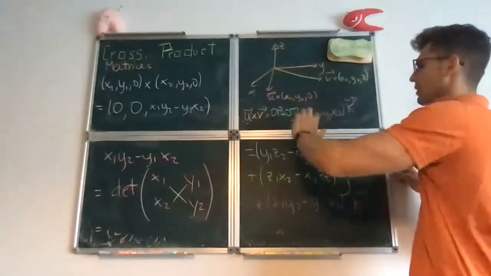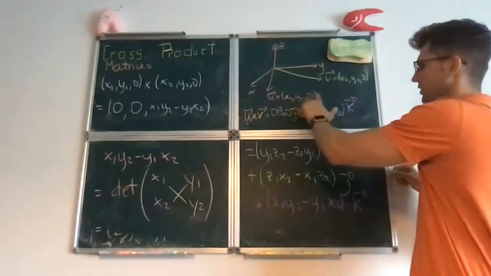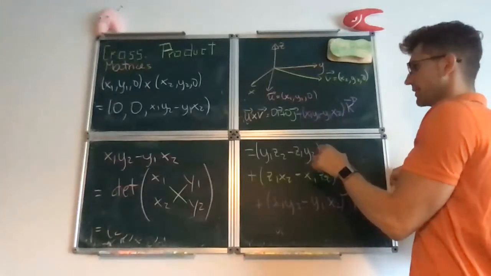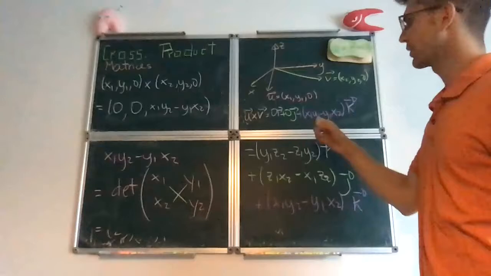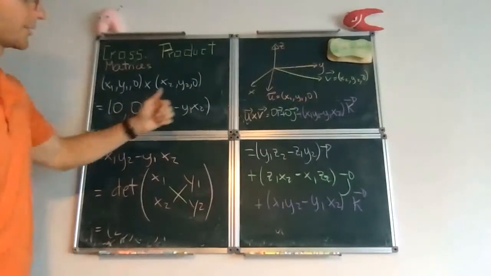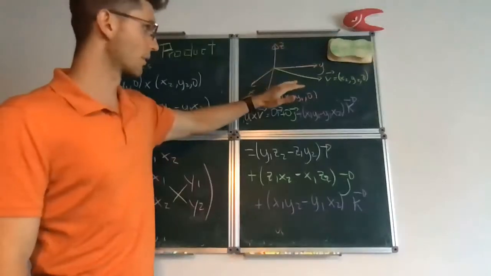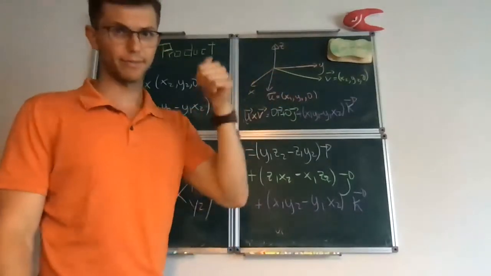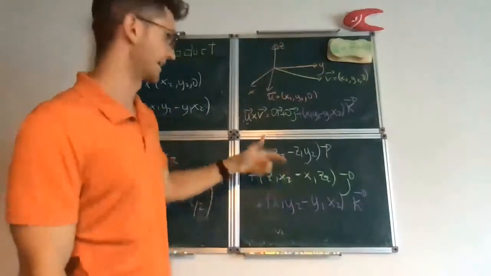belong to the xy plane, meaning that the third coordinate is 0. And what you notice there is that the cross product takes a very simple expression because the vector has to be perpendicular to u and v, but u and v are both on the xy plane, so that means that it has to be pointing along the z-axis.